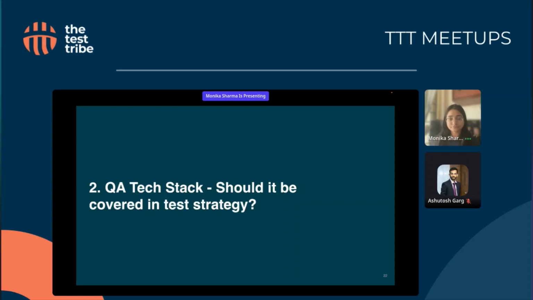Next question is, which I just explained, QA tech stack: should it be included in test strategy? If your team is interested in covering that as a part of test strategy, then ideally, yes. Because test strategy is exactly a reflection of what we are going to do, what quality gates we are planning, and how we are going to do it.